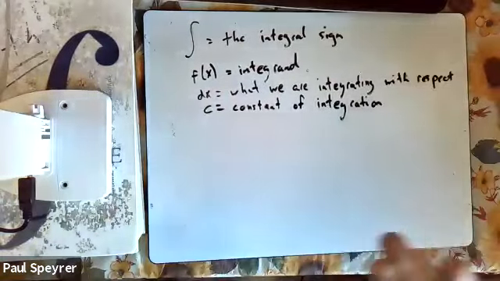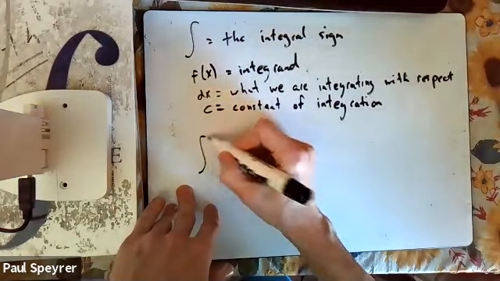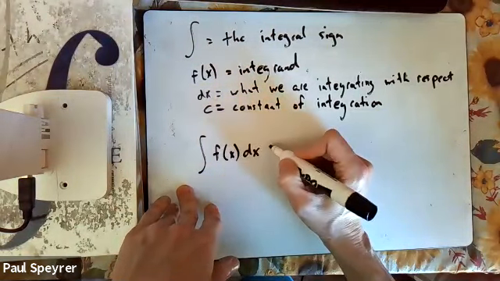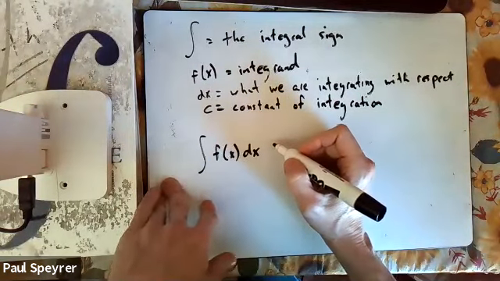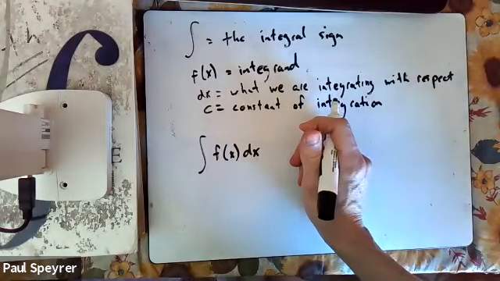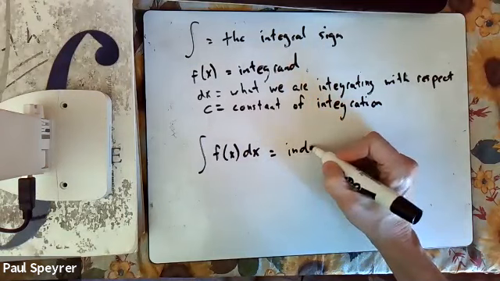Now there's two ways that you can see an integral written out. One is this initial way right here. This is called the indefinite integral.